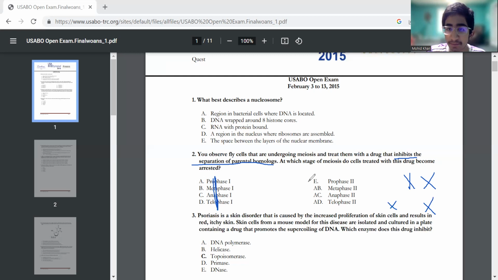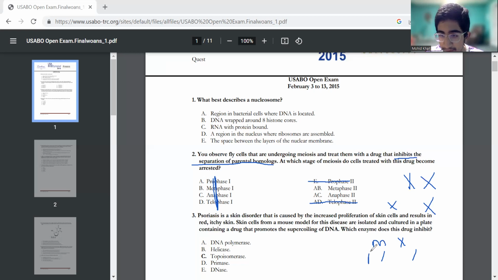Now the trick here, and this is a very tricky question, you already know telophase and prophase won't be the answer. The first thing you think of is to go to anaphase, because so we have this and metaphase, they line up in the middle, and I'm gonna write M here, and then in anaphase they get separated to the ends.